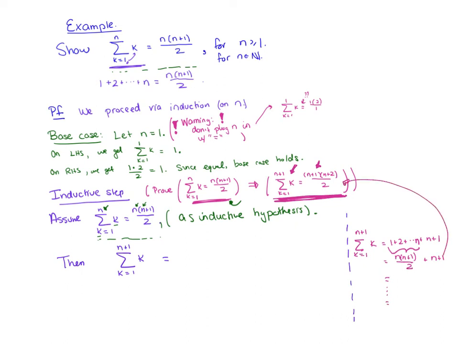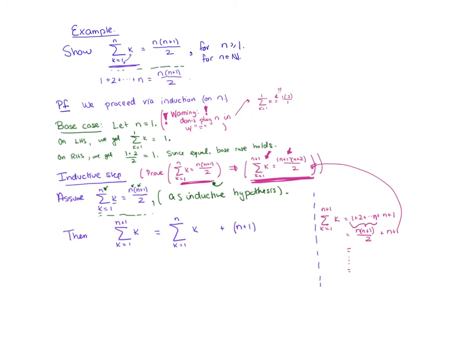So let's go ahead and see if we can put this together. I'm going to do it in this summation notation still. So I'm going to first just write the first n terms. So that's just adding up 1 through n. And then after that, I can add my n plus first term. So I'm just rewriting my summation notation here.